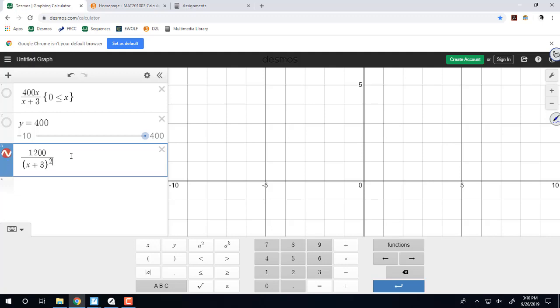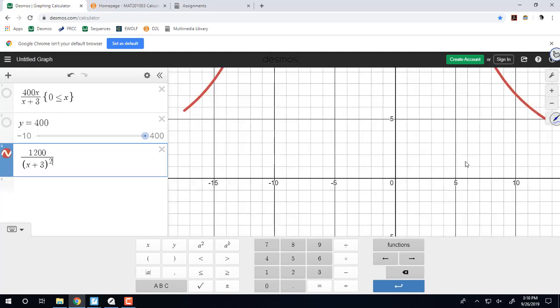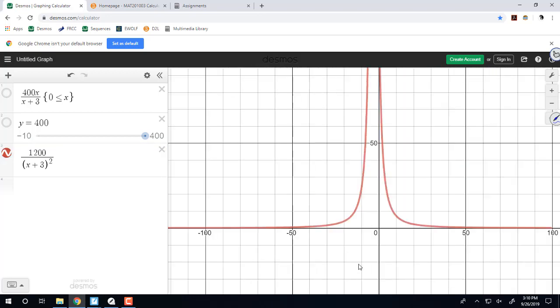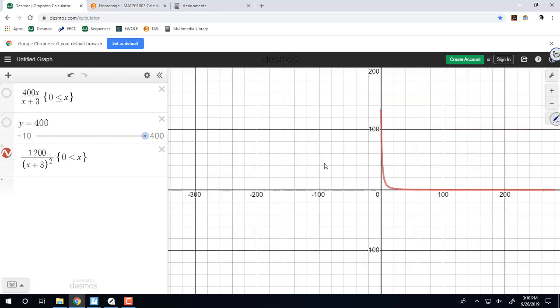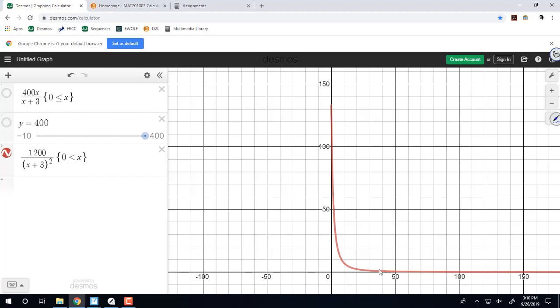We're only showing that for positive time, so we'll restrict to that. So there's my population growth rate function. The highest value occurs here at 0.